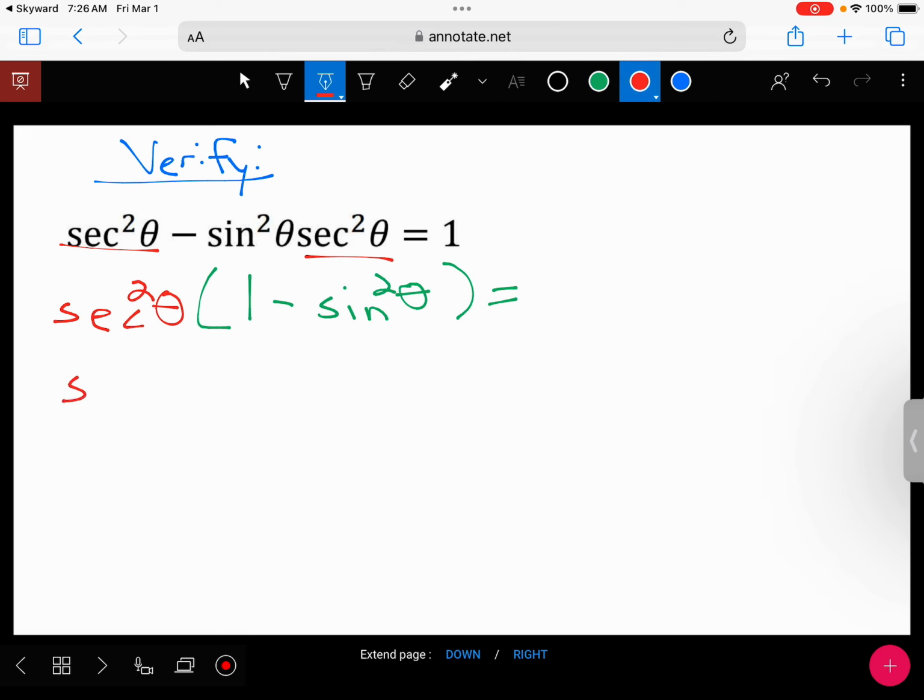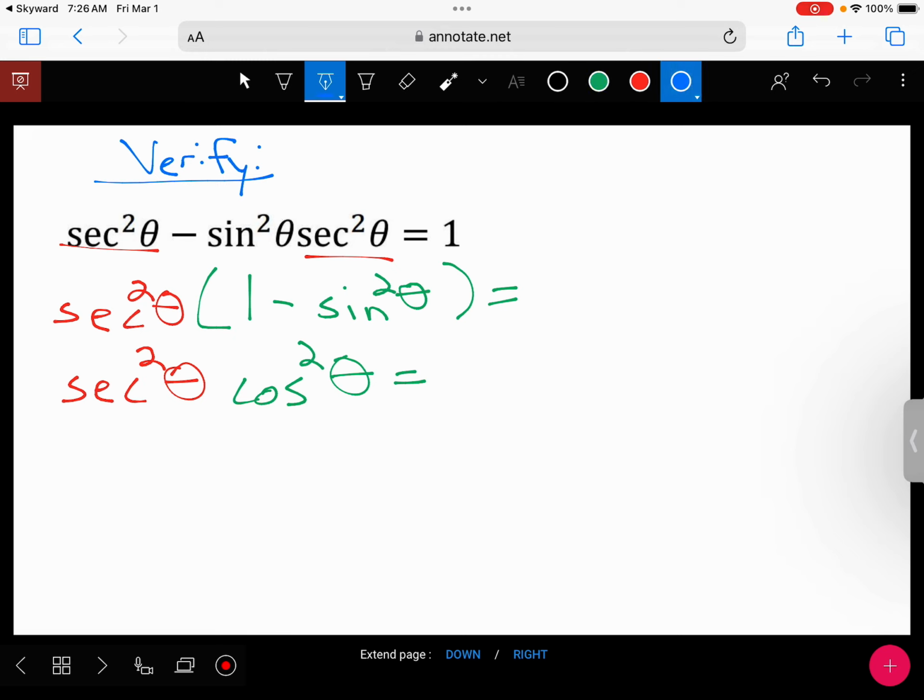So anyways, I got caught on a tangent, but we have secant squared theta multiplied by cosine squared theta. Who remembers the hard and fast rule we have when sisters are multiplying by each other? They equal 1. That is something that you can just do on a test.